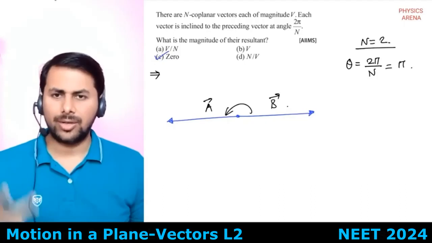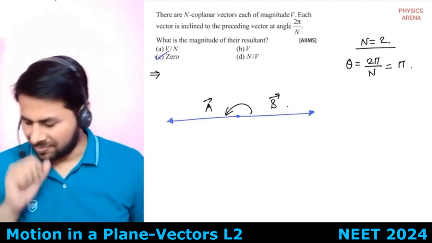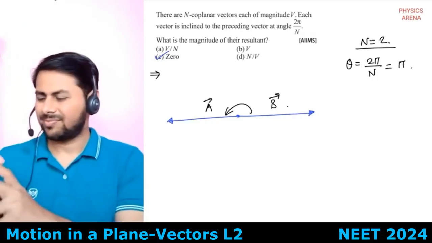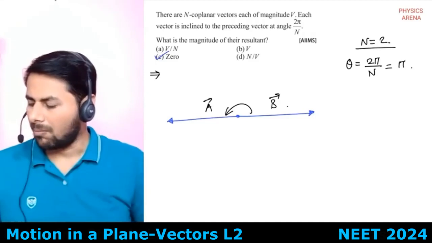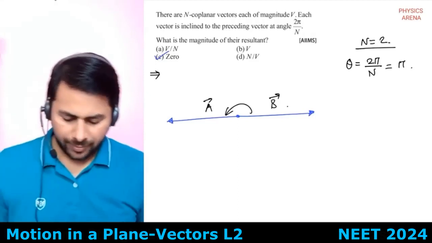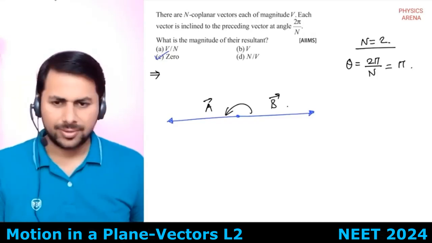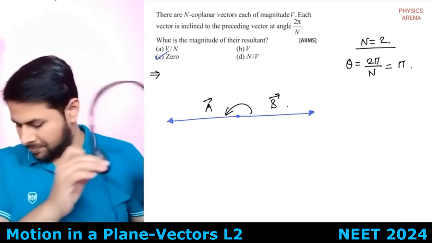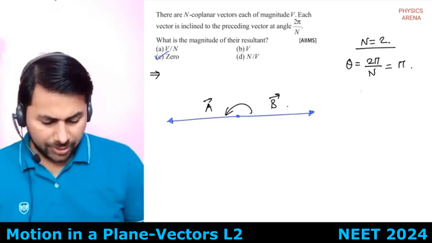Now I chose n is equal to 2 only, the simplest case.